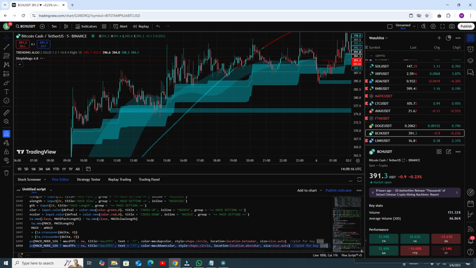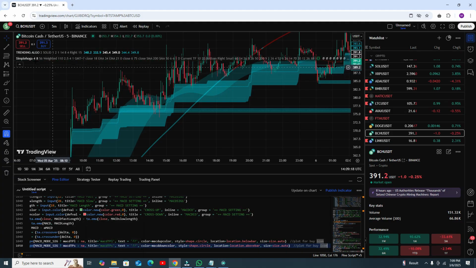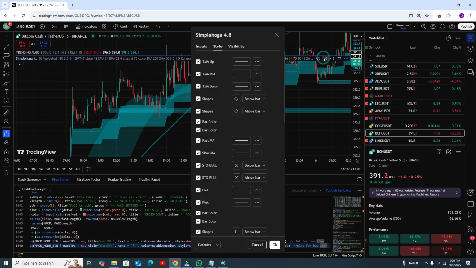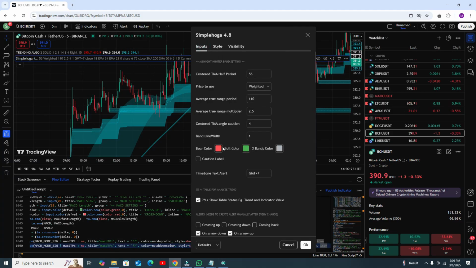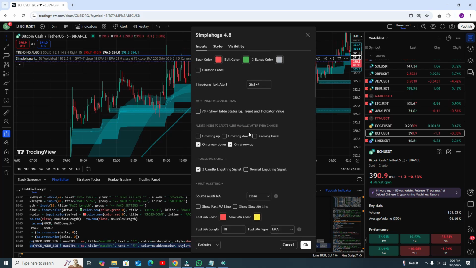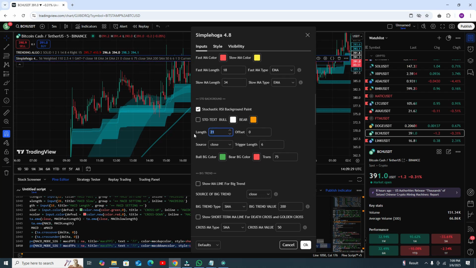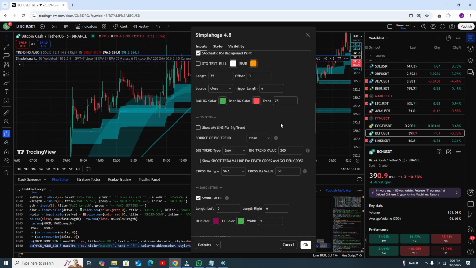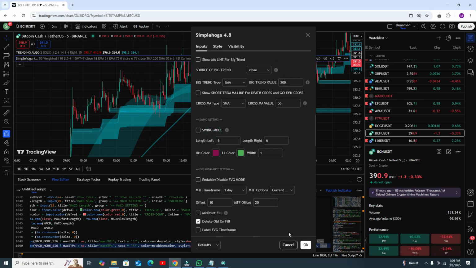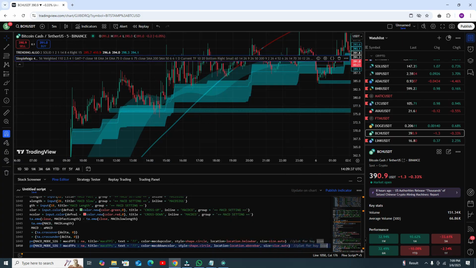First we need to do the settings. Go to the settings of this indicator. Uncheck this table and influence signal, and RSI 75, that will give you the overbought and oversold condition, and uncheck swing mode. Your indicator is now ready.